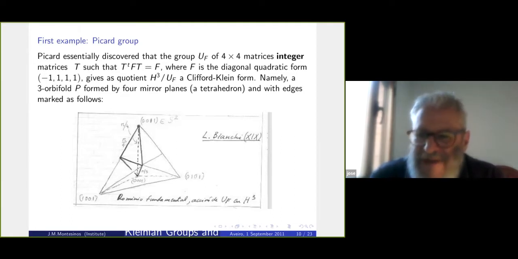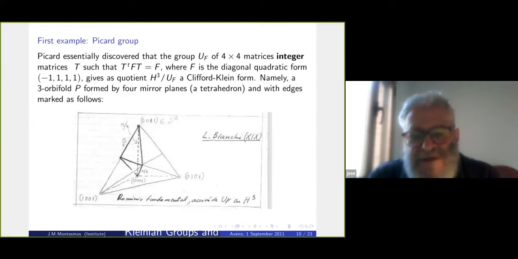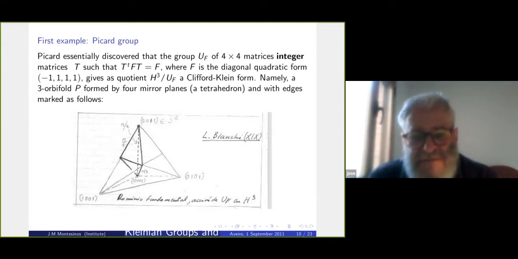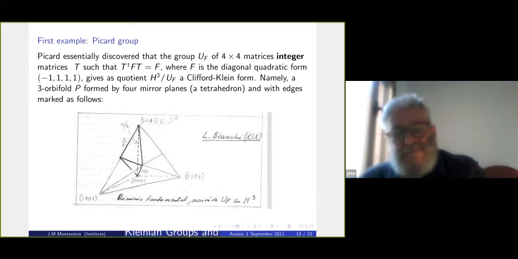What is the Clifford-Klein form in this particular case? The quotient space is a tetrahedron, which is this tetrahedron that you see in the picture with solid lines. You see a big tetrahedron which has vertices (1,0,0,1), (0,1,0,1), (0,0,1,1), and (0,0,0,1).